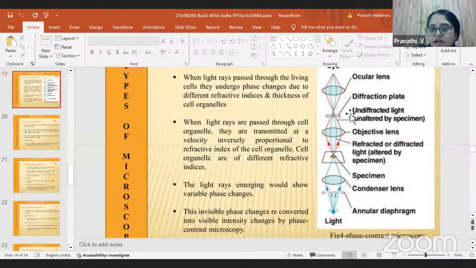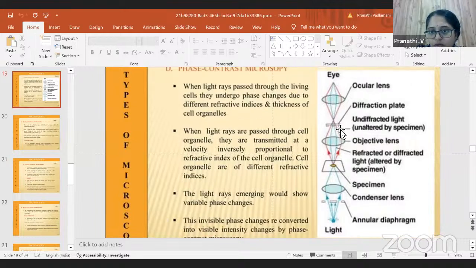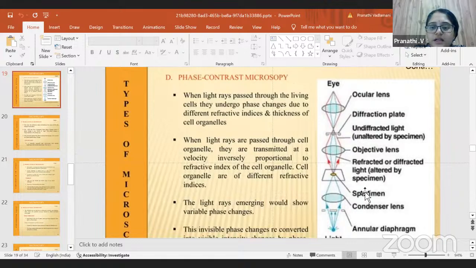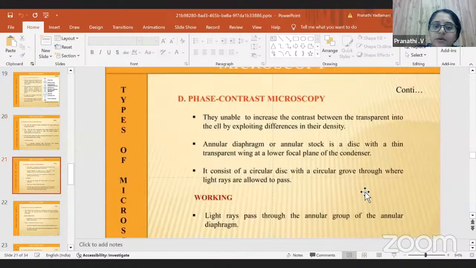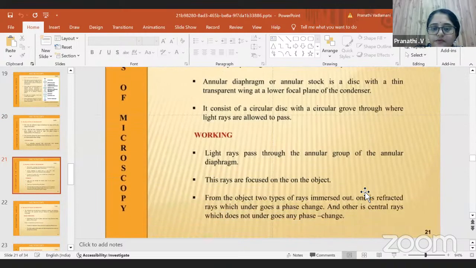So you have a diffraction plate over here. Finally, all these merge together, the refracted rays and the central rays that are present, and then you're going to see the lens with the differences between the organelles.